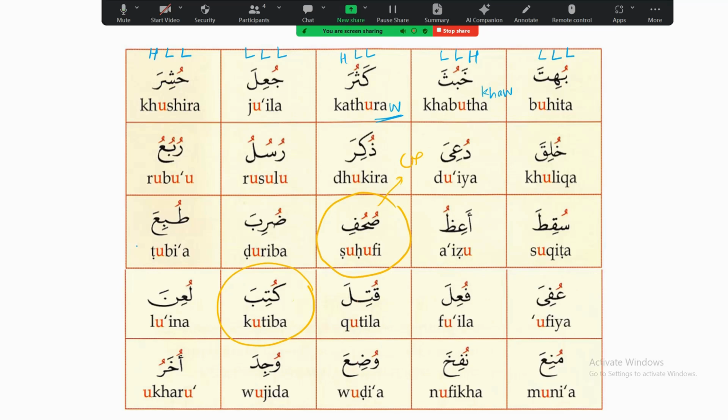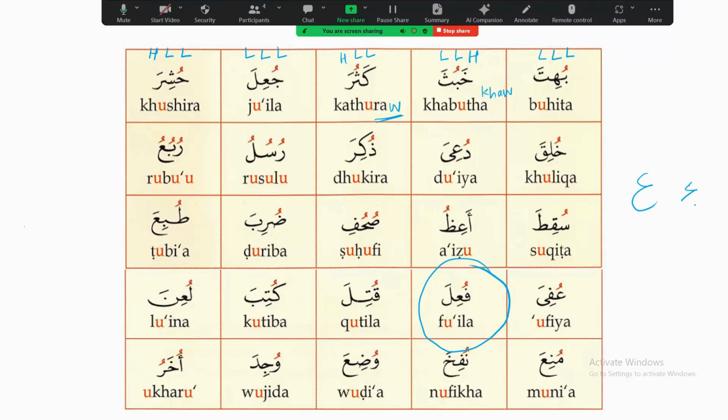Okay, so who is going to say this one now? Rubu'u. Yes, very good. Okay, so who is going to guess this one now? Fu'ila, ayn. Ayn needs to be, because when we say the ayn letter, there is a chance that the sound of this gets mixed up with the hamza one.